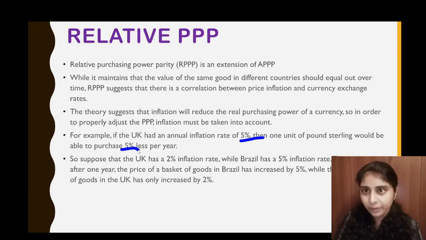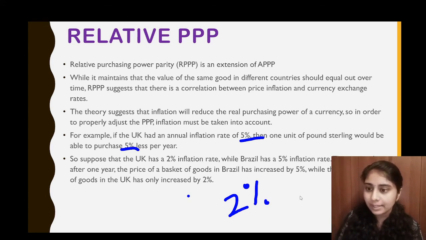Okay, that is, for example, if the Indian economy is facing an inflation of 2%, then it means the price of the product is increasing by 2%, so we'll be only able to buy 2% less product in that year. Okay, is that clear?